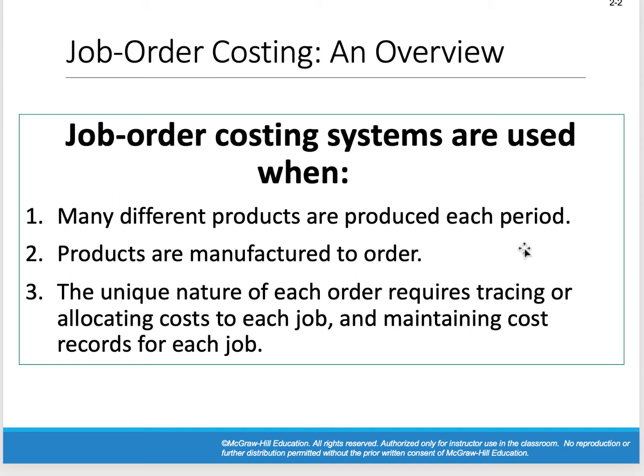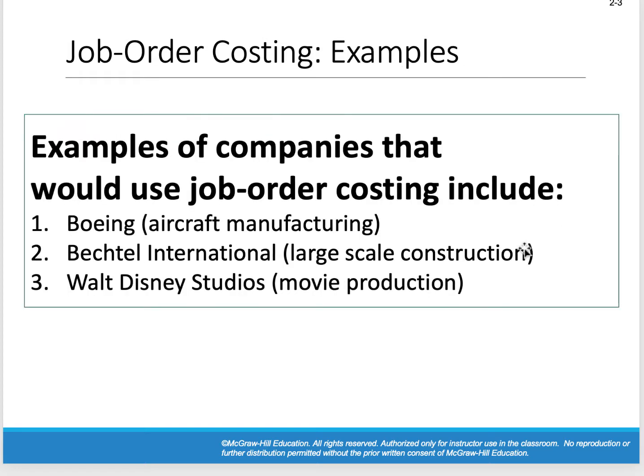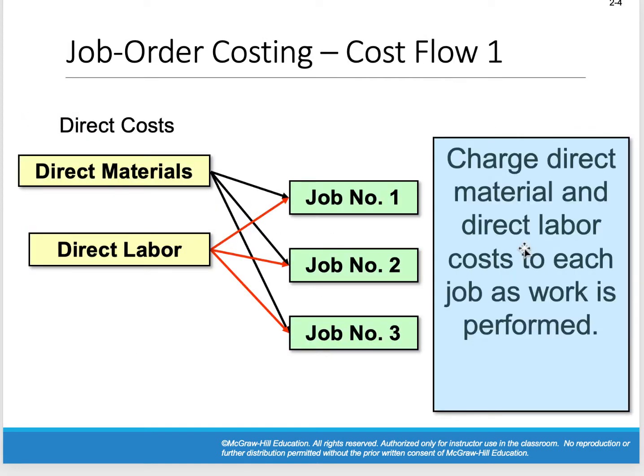Because we have a bunch of different products that we're making to order, each job is going to require its own direct material, direct labor, and manufacturing overhead. A better way to say that is, each job consumes different amounts of our product costs: direct material, direct labor, manufacturing overhead. Okay, we know that we have to trace these costs to each job.